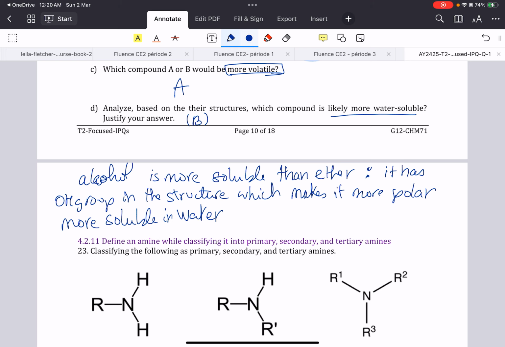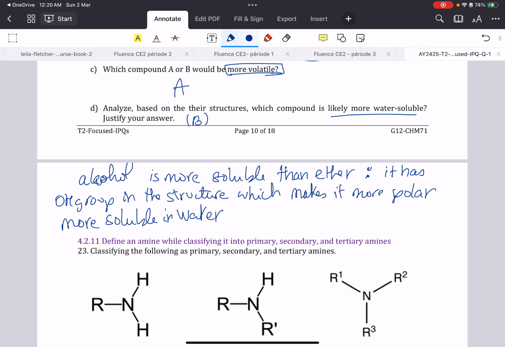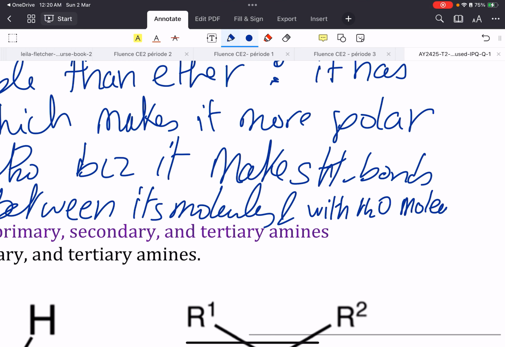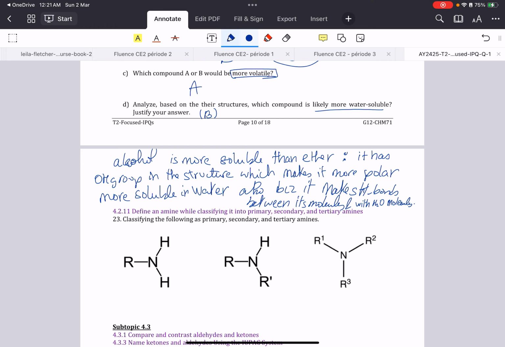Okay, so more soluble in water also because it makes hydrogen bonds between its molecules and with water molecules. So it can make hydrogen bonds between each other and with the water molecule.